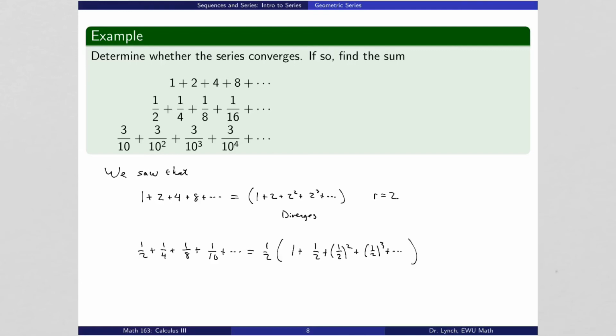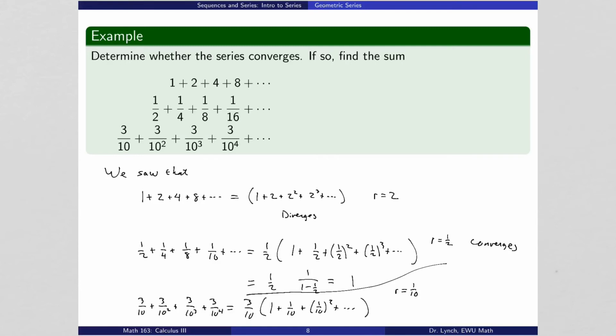In the second case, we saw that the ratio R is 1/2, so it converges. And we know that it converges to A times 1 over 1 minus R, so we get this value here, which of course is 1. Similarly, in the case of this last series, we saw that it can be manipulated into the form 3/10 times the quantity 1 plus 1/10 plus 1/10 squared, and so on.